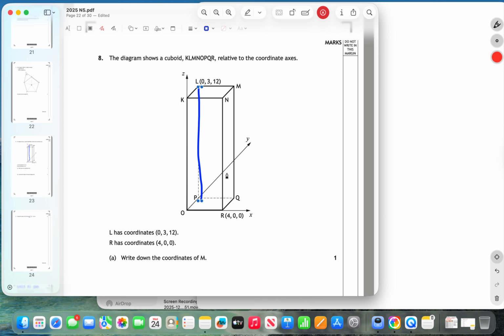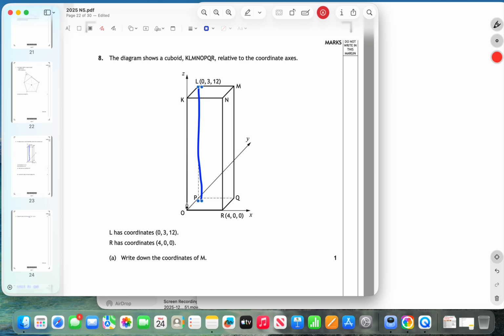And P is along the y-axis, so the z coordinate of P must be 0, so the point P is (0, 3, 0). So it means it's going nothing along the x-axis, it goes 3 in the positive direction of the y-axis and nothing up the z-axis.